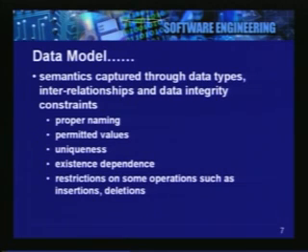Then of course there are many other constraints that we can define on the data. Basically, constraints capture the meaning. What are the permitted values for the data? Is the data unique? Do they have some interdependencies? And many other restrictions that we may impose. All these restrictions and other constraints and proper naming are a very important part of conveying the meaning of the data.